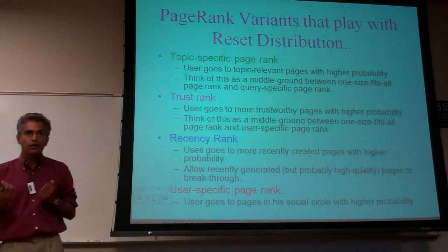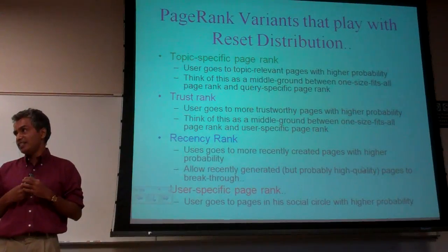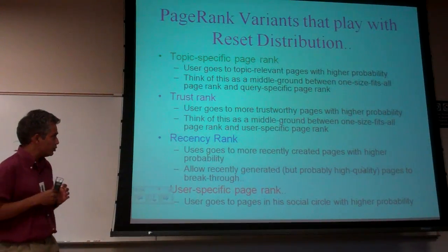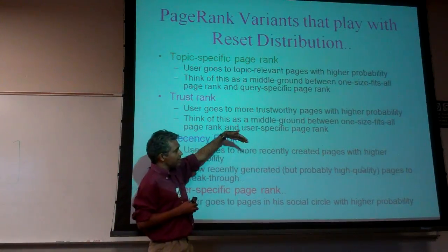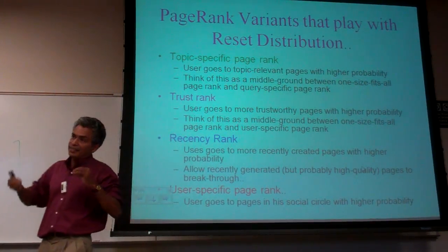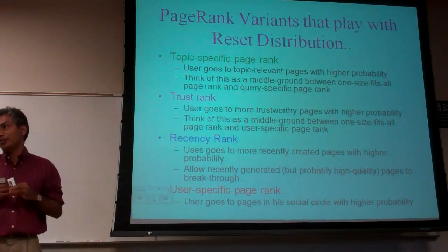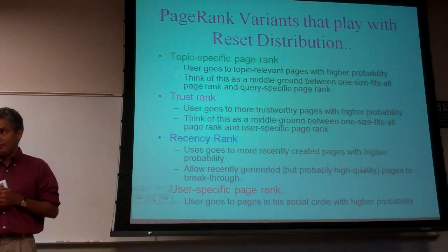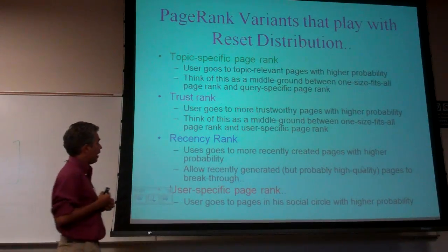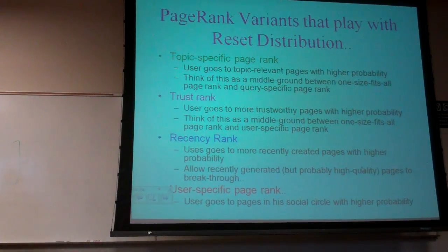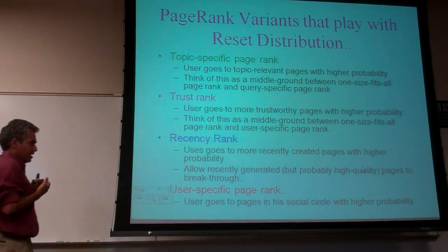It's not too hard, you can tell when the page is created, and based on that, you can give higher weight to them. And once you do that, it just ever so slightly biases the PageRank so that you get a little affirmative boost for the recent pages. That's recency rank.